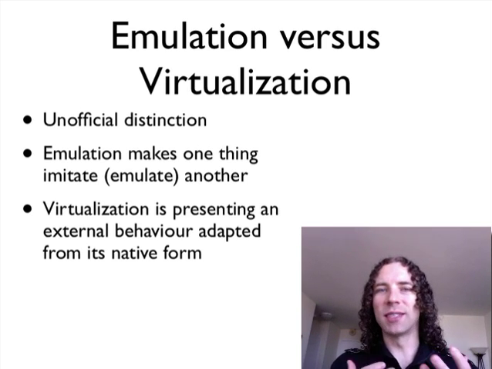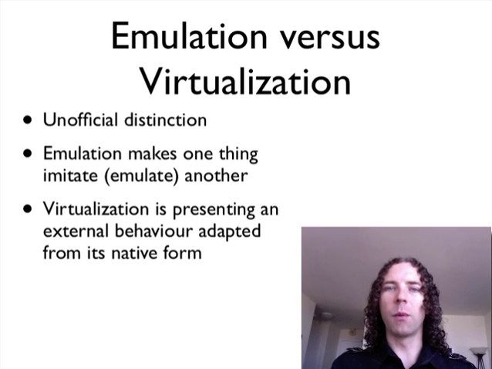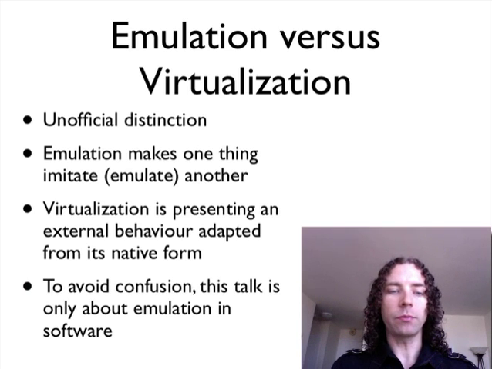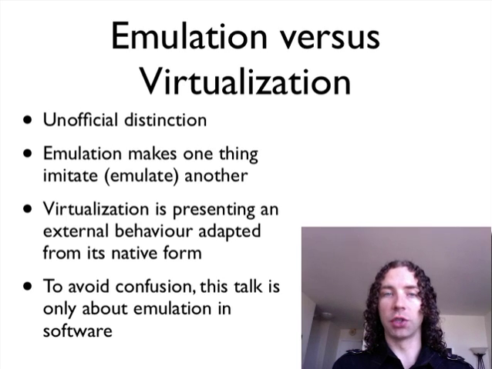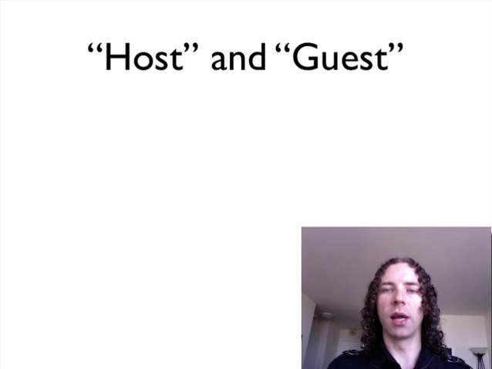So it's still just the same thing, just a different way of exposing it. We're not really changing what it is, just how it's accessed externally. And to avoid confusion, this talk is only about doing emulation in software, not about any kind of specialized hardware or coprocessor cards or anything like that, which are sometimes used to make emulators faster.